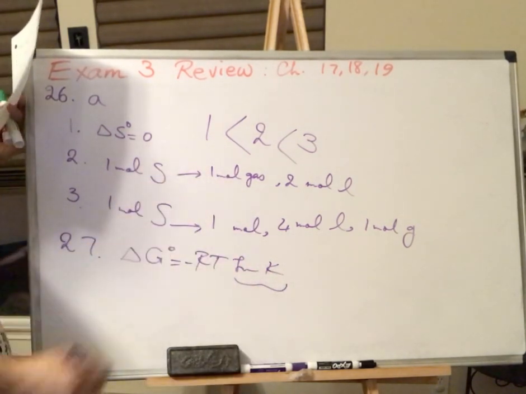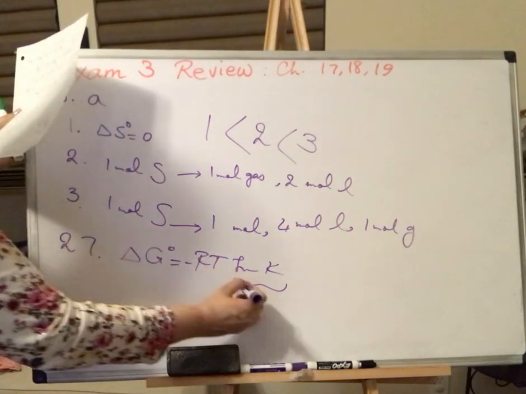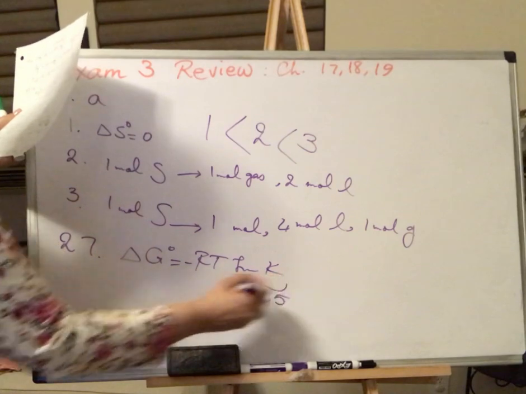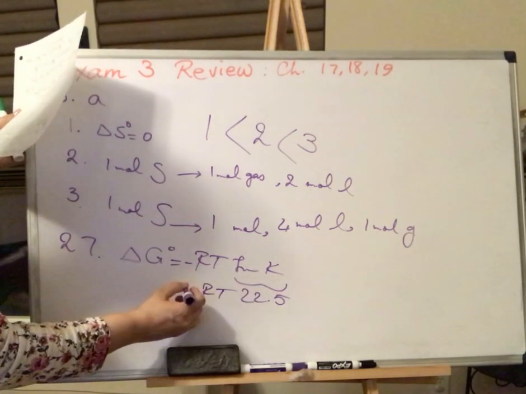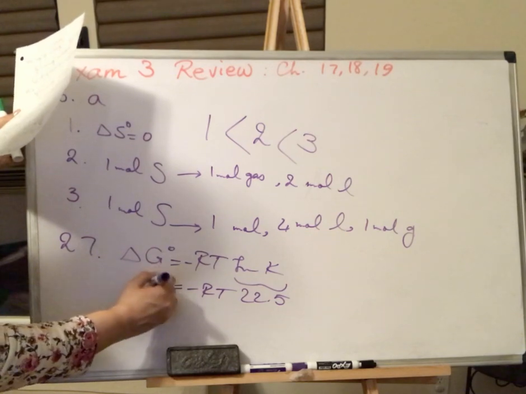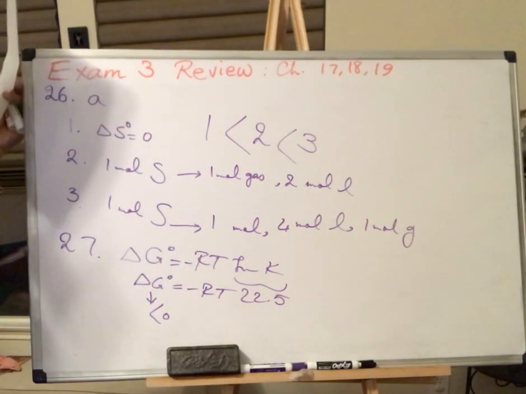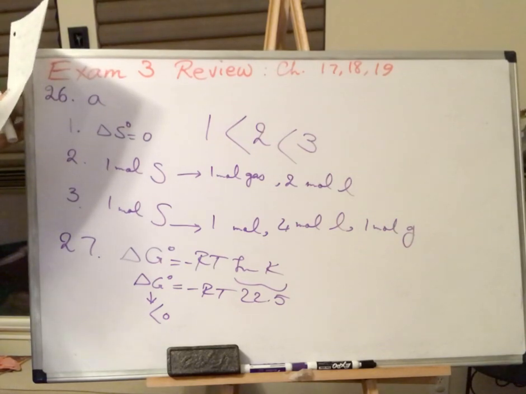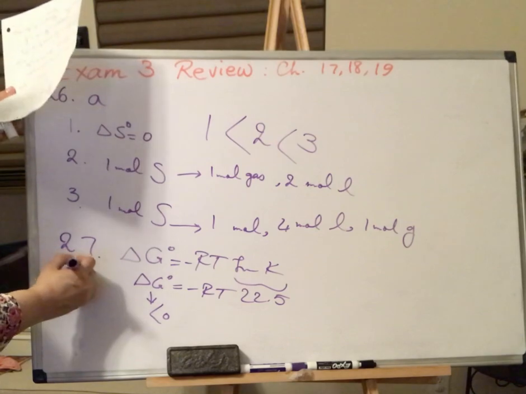So K is given. Calculate ln K, it would be 22.5. So minus RT times 22.5, so delta G is less than 0, which is negative. So delta G negative. The answer is D.